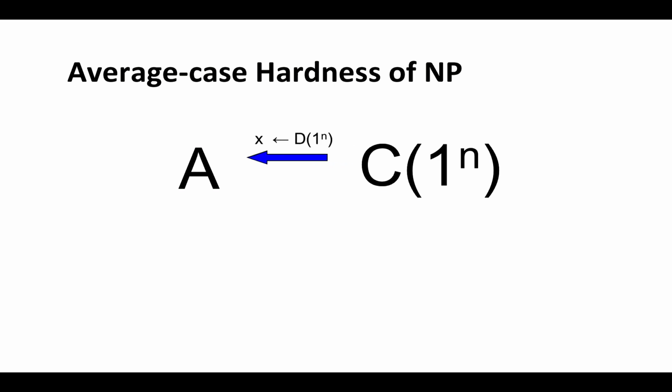What he does first is he samples an instance X. Then the goal of the attacker is to find some witness. And this challenger will eventually accept if the attacker manages to find a witness such that the witness-NP relation accepts it. Okay?